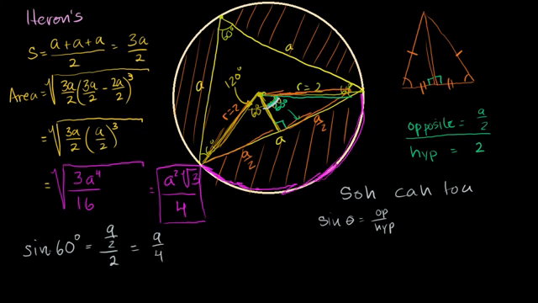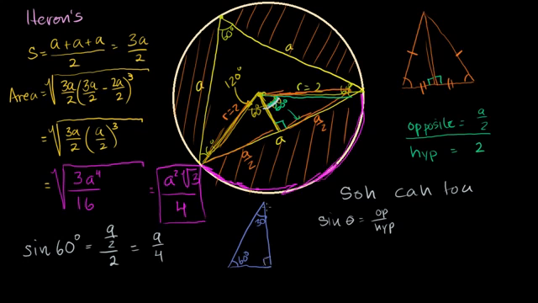And if the word sine looks completely foreign to you, watch the first several videos on the trigonometry playlist. It shouldn't be too daunting. Sine of 60 degrees, you might remember from your 30, 60, 90 triangles. So let me draw one right there. That is a 30, 60, 90 triangle. If this is 60 degrees, that is 30 degrees, that is 90.